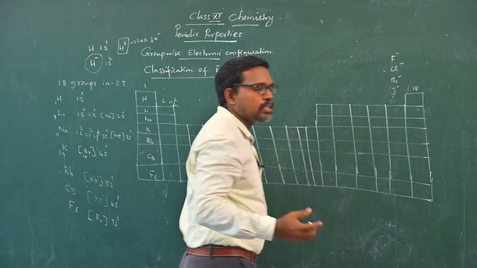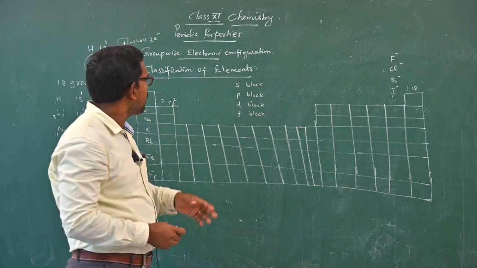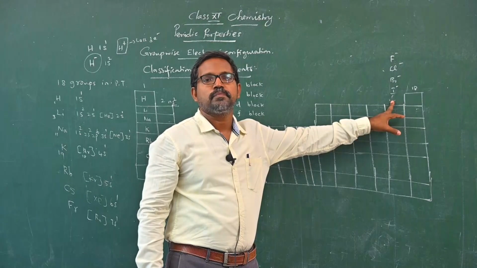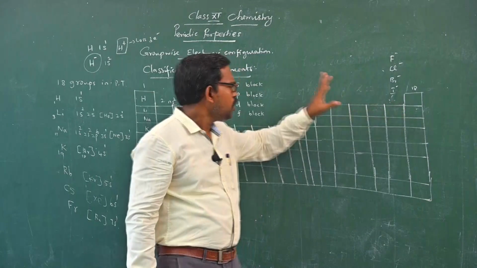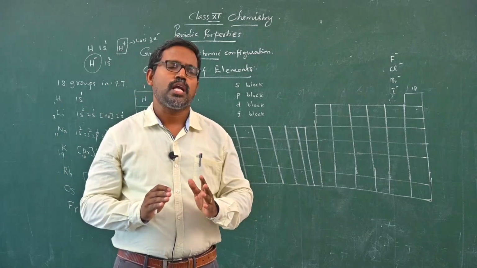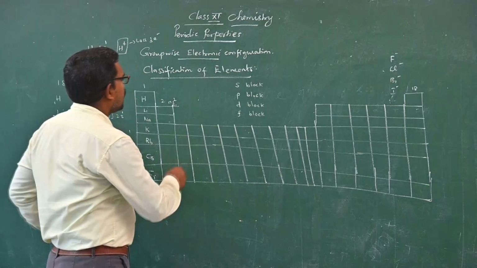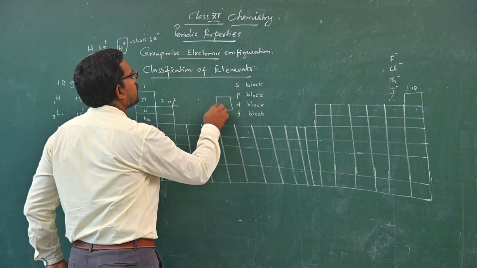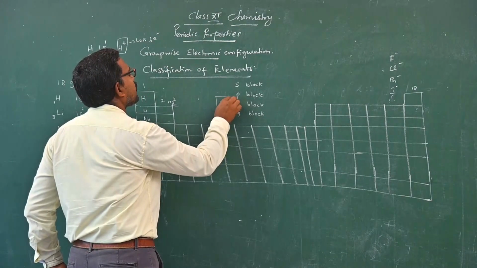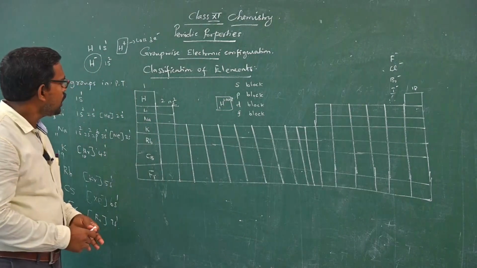Suppose hydrogen gains one electron, it may be present in the halogen family. So it loses one electron or gains one electron. Therefore, hydrogen is placed in the center part of the periodic table. Hydrogen has atomic number 1 and mass number 1.008.